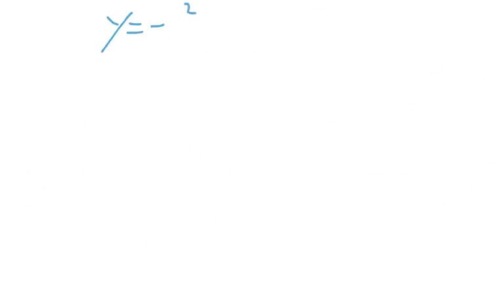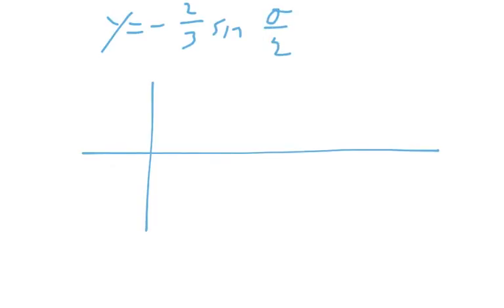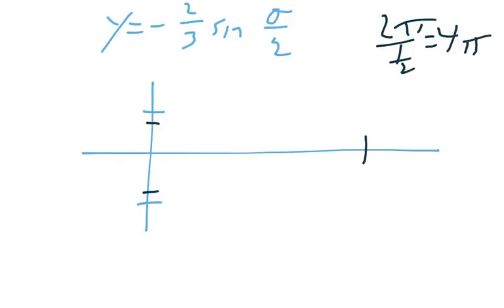Y equals negative 2/3 sine theta over 2. So there's 1 and there's negative 1, so my tick marks are going to be at 2/3 and negative 2/3. 2 pi divided by 1/2 equals 4 pi. So my last number is going to be 4 pi. In between 0 and 4 pi is 2 pi.